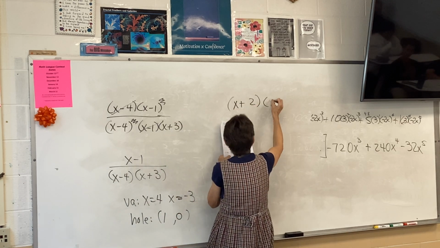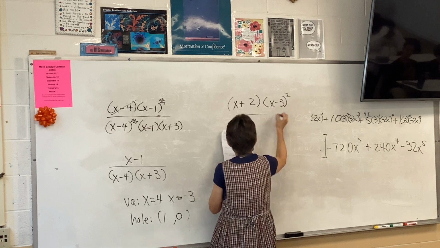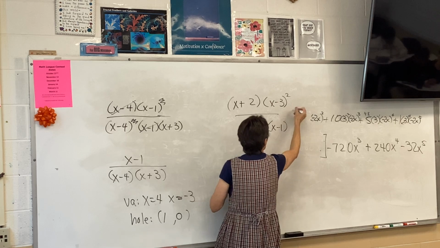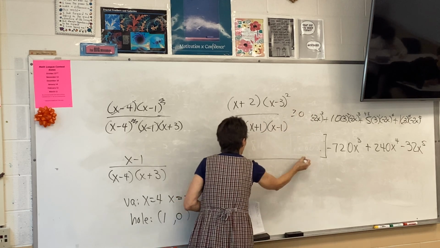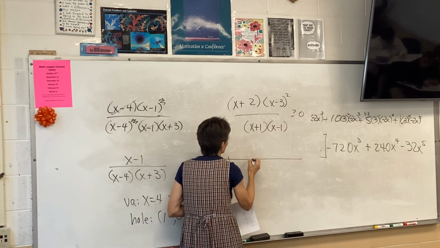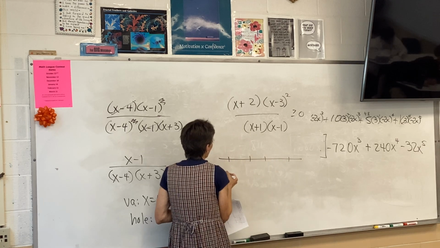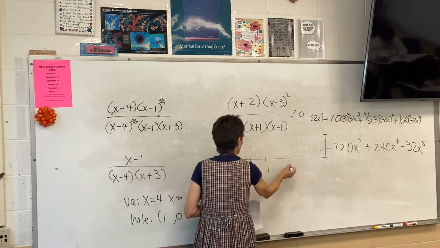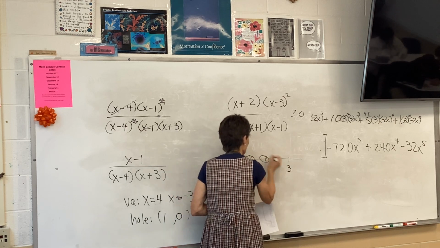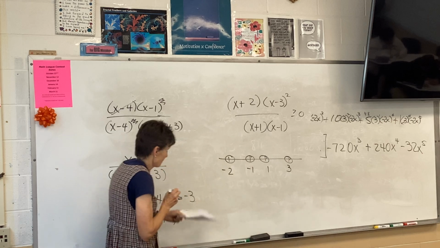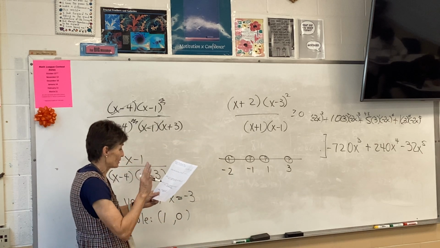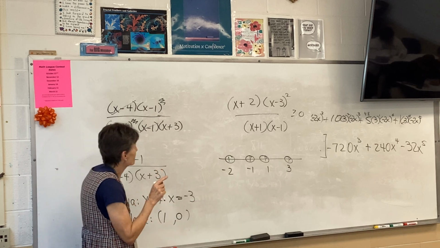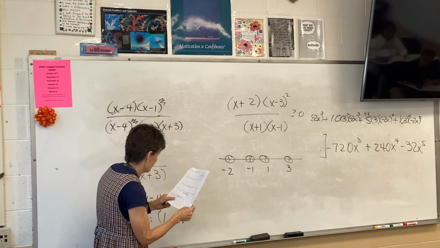Rational inequality. So we're going to go back to our number line, and we're going to have dots at -2, -1, 1, and 3. Are we good with that? The location of the dots, it's x squared minus 1.